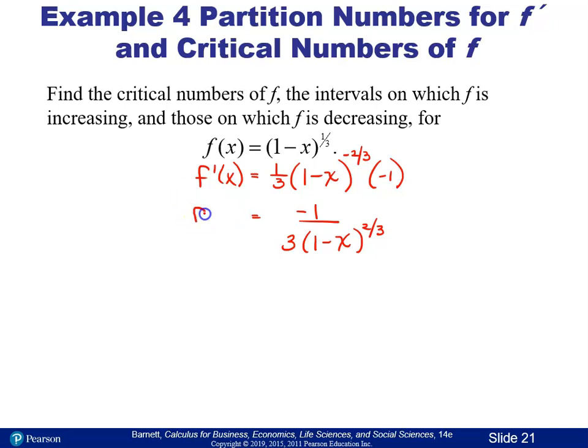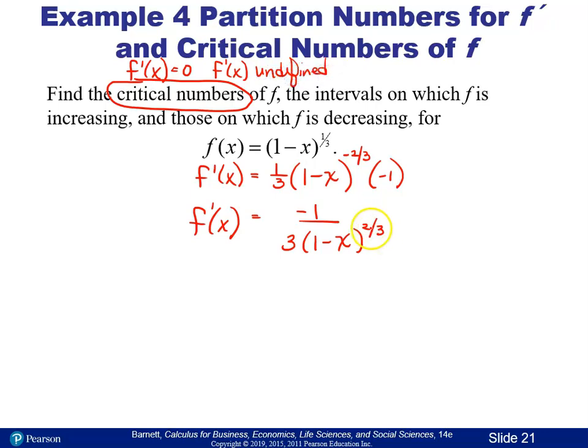Okay, so that's my first derivative. It's certainly messier than what we've dealt with before. But if you remember, your critical numbers are either where the derivative is equal to 0, or where the derivative is undefined. You get the places that this is equal to 0 by looking at the numerator. There's no place that negative 1 is equal to 0. But we get the undefined from the denominator.